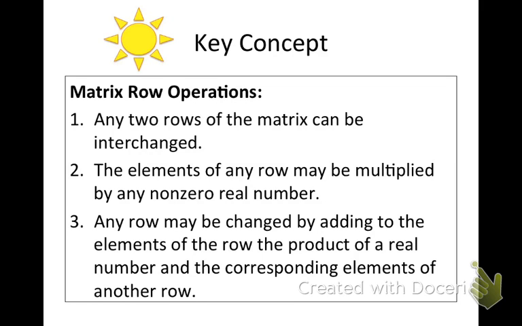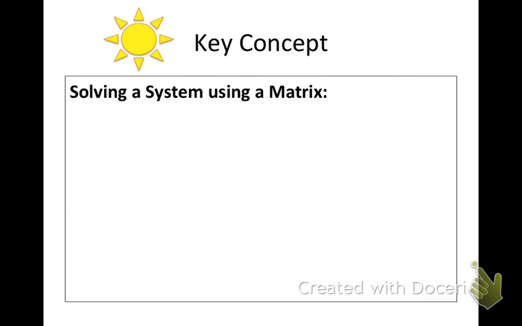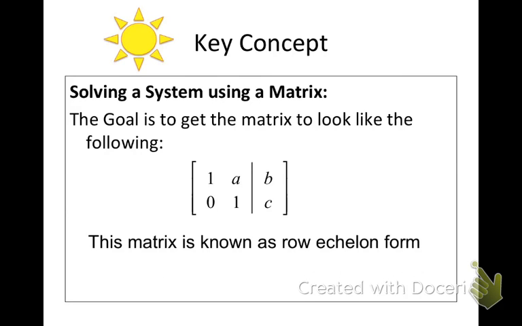Okay? All right, so before we actually do row operations, we've got to talk about what our goal is when solving a system using a matrix. So our goal is to get something that looks like this.